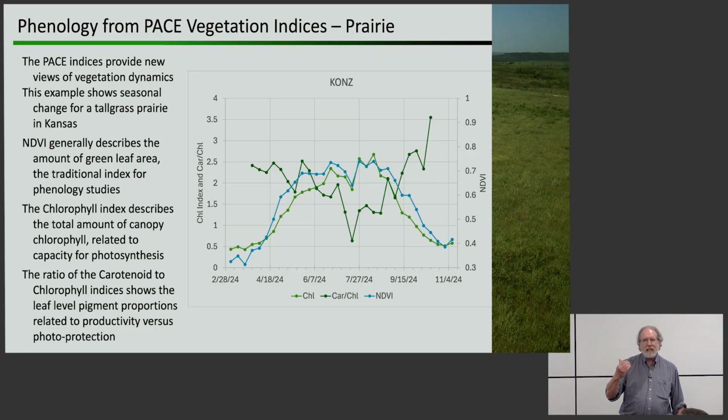And so you see how the season starts up with relatively high levels of carotenoids, and as the season progresses, we get to lower, more chlorophyll, and then again as we go into the fall, that reverses. And that ratio is related to the photosynthetic efficiency of the plants, and it's also giving us some hint of stress responses.